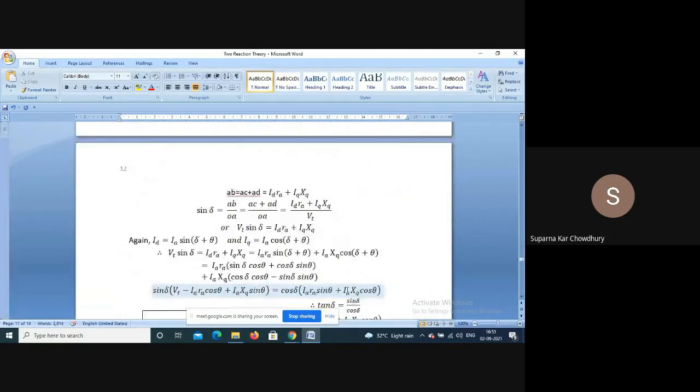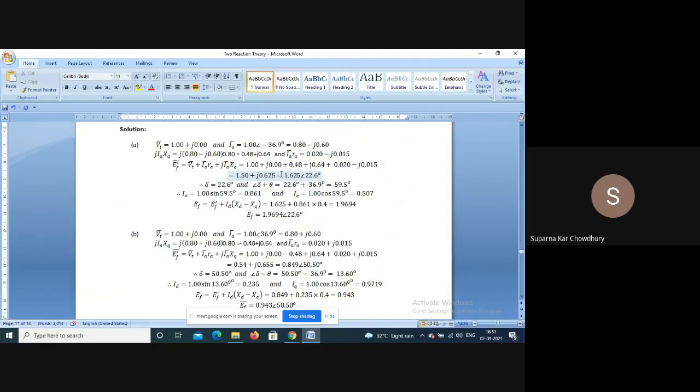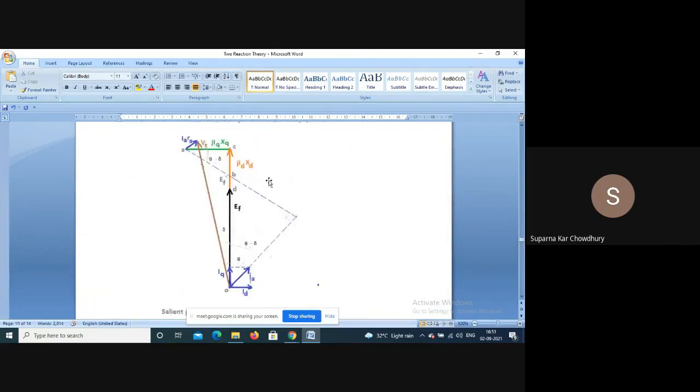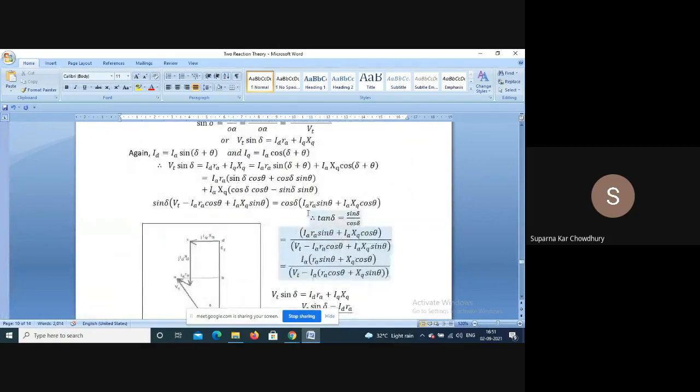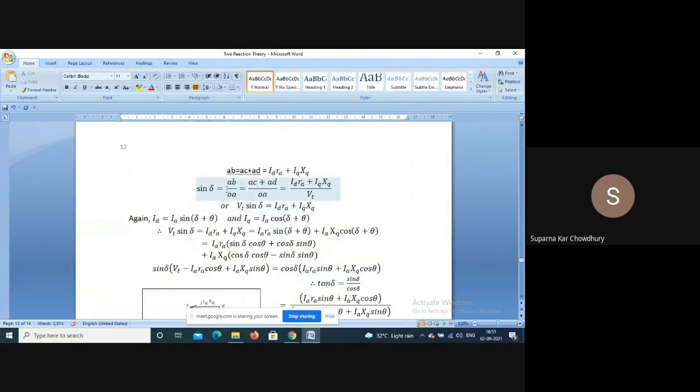So AB is equal to CD plus AC, that is IdRa plus IaXq. So sin delta, just from the phasor we can put the values.